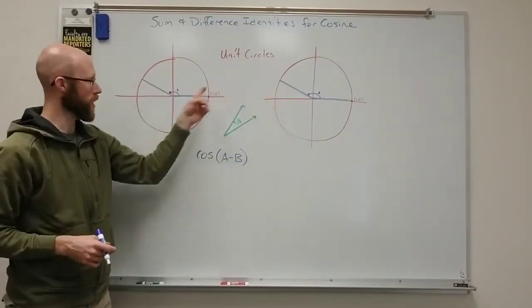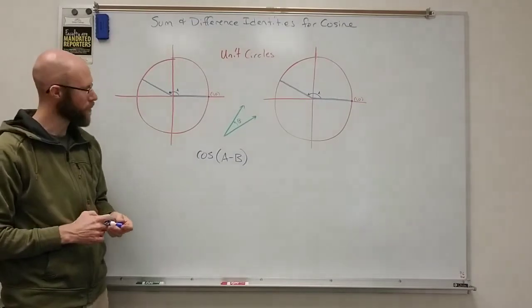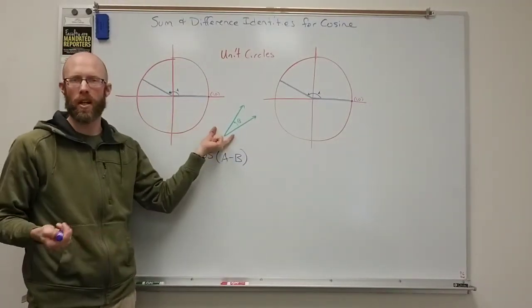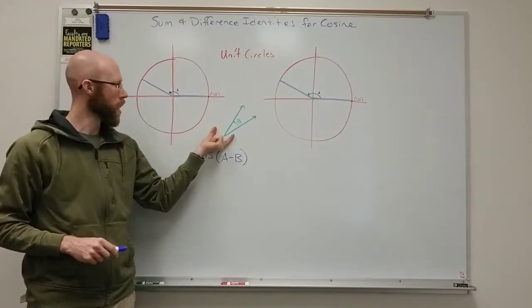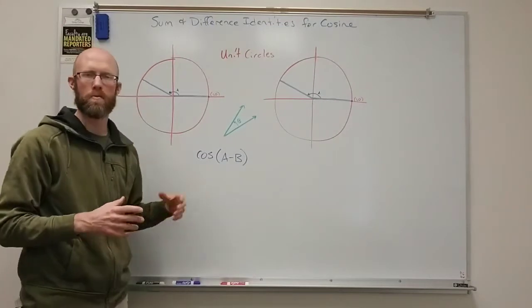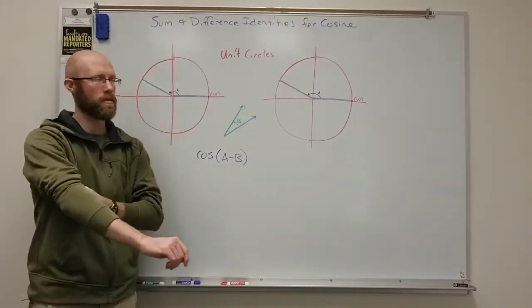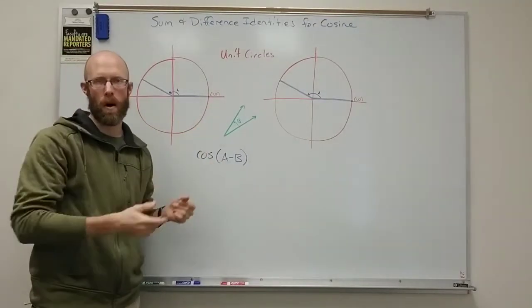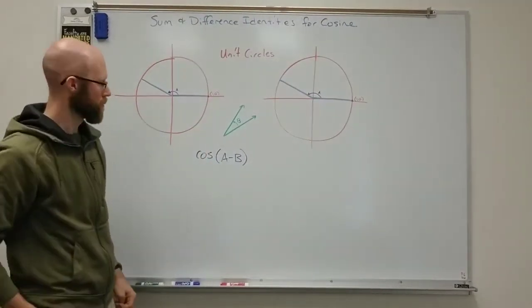Okay, it's the blue angle up here. And I have another angle B just kind of randomly positioned here. It's a smaller angle. It doesn't really matter whether one is smaller than the other, but the images look nicer if B is smaller than A. It just kind of works out a little nicer.